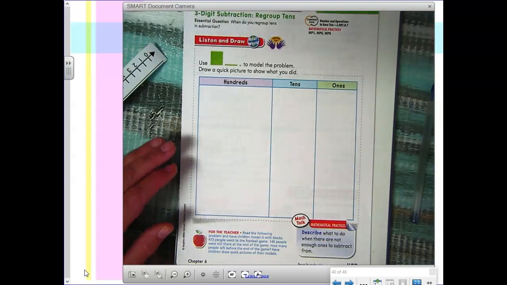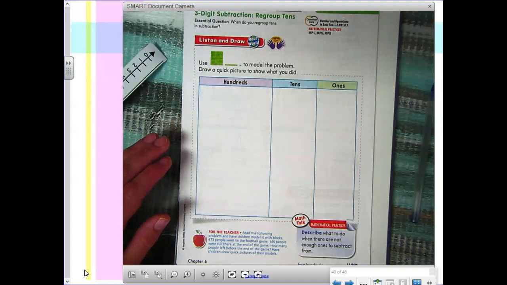Listen carefully. 473 people went to the football game. 146 people were still there at the end of the game. How many people left before the end of the game?